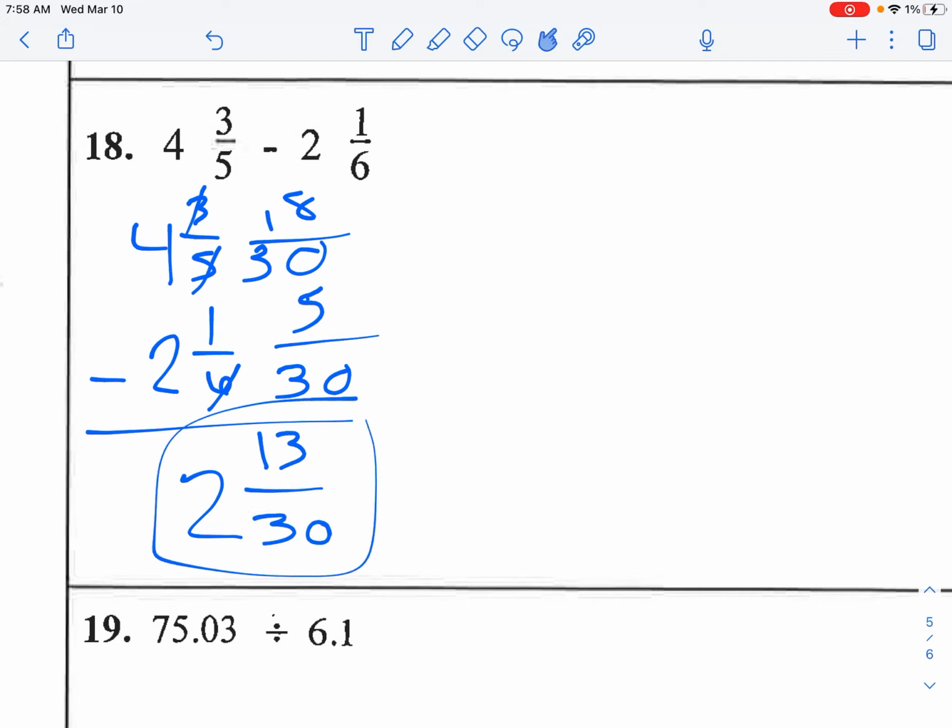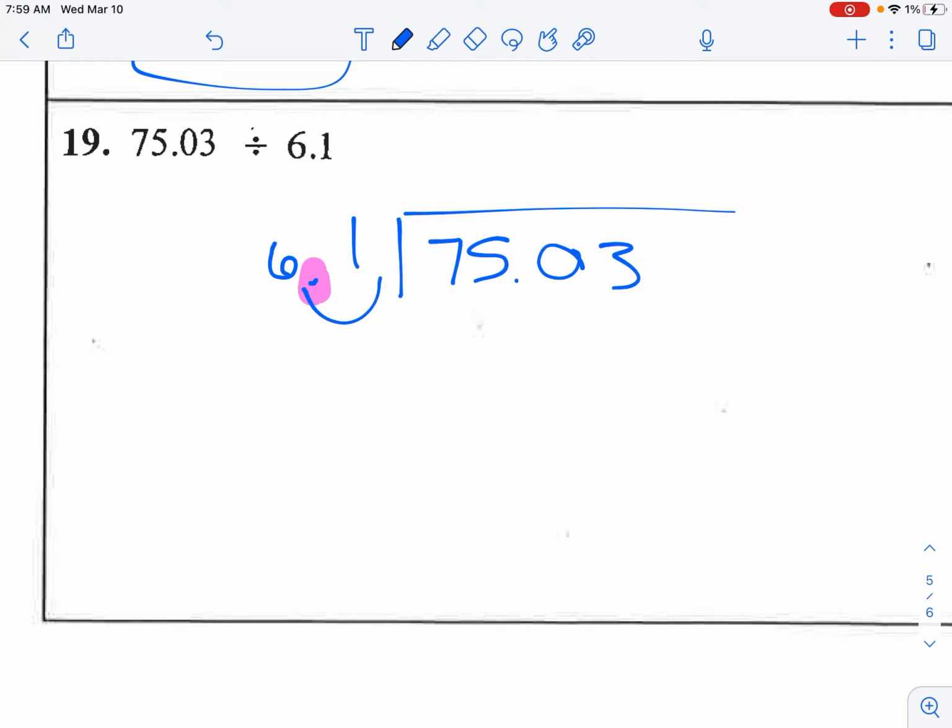Last one, 75.3 divided by 6.1. So remember, when you've got that decimal out here in the divisor, you've got to move it over. So then we're going to move this one over. So my decimal is going to be sitting past the 3rd digit in my answer. So 61 cannot go into 7. 61 goes into 75 once. That's 61. 5 minus 1. 7 minus 6.